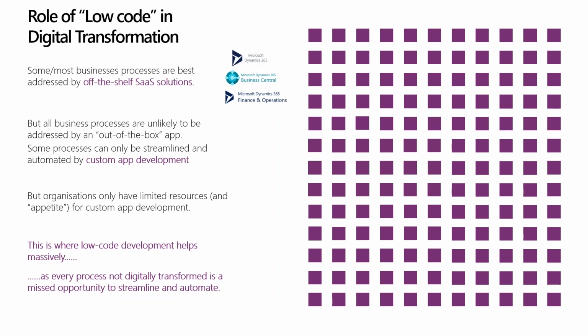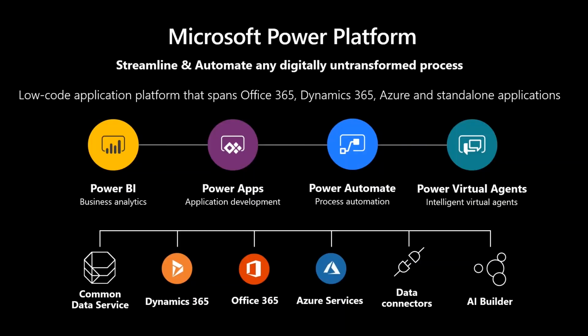And that is really where the Power Platform comes in: it is faster than any other tools that we're aware of at digitally transforming, streamlining and automating processes that currently are not optimized.